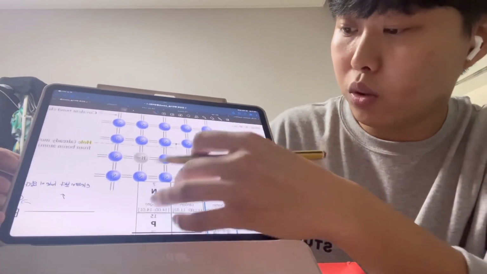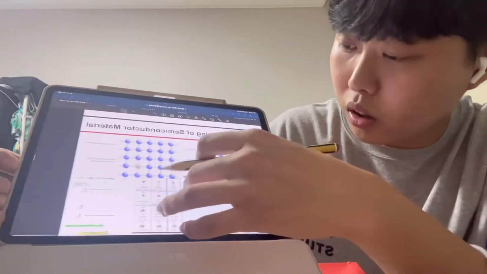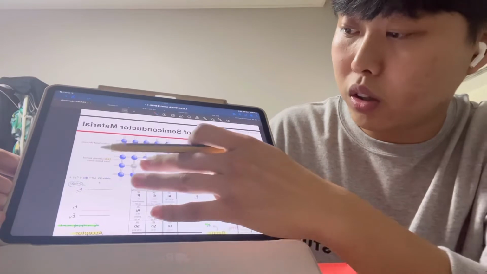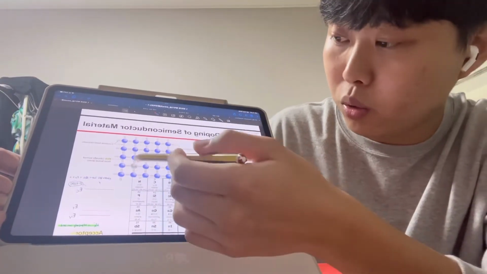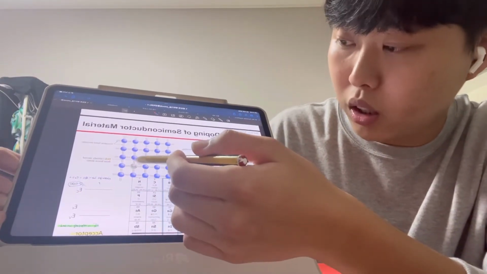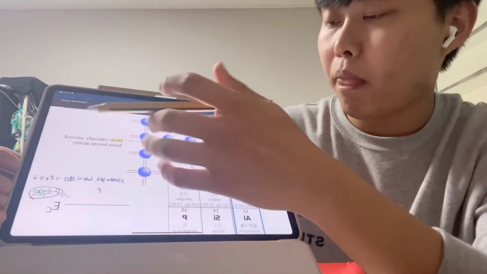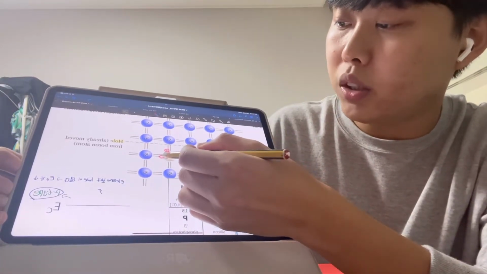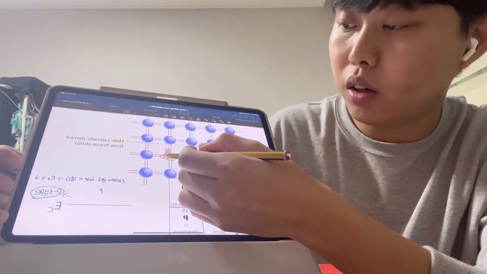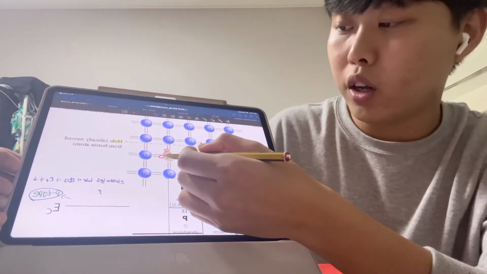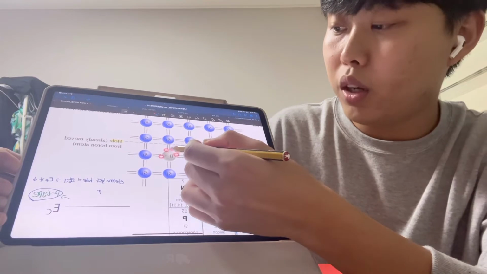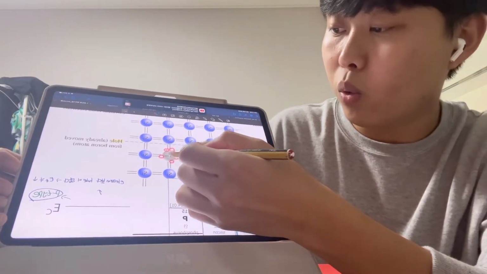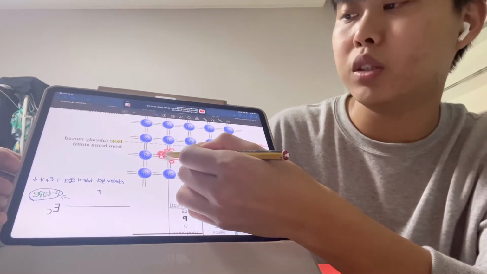Now let's have a look at the group 3 materials getting bonded with the silicon. Let's look at the boron. Because it is a group 3 material, it has 3 electrons in the outermost space. However, because silicon has 4 electrons, when they get bonded together, 1, 2, 3, 4, 1 electron is missing.